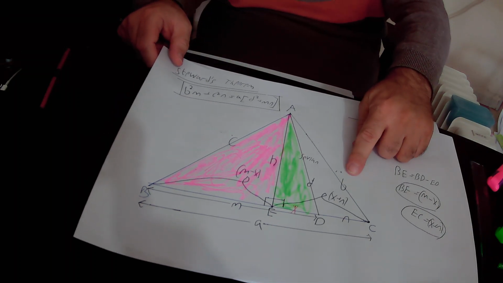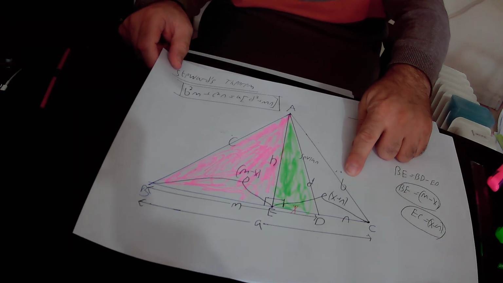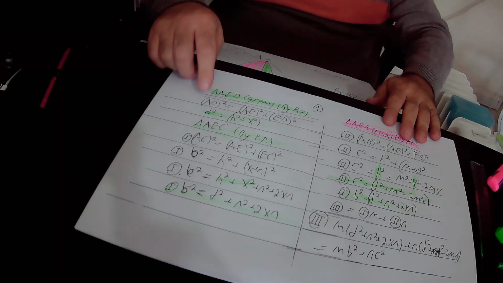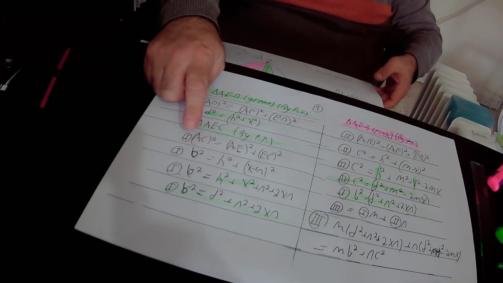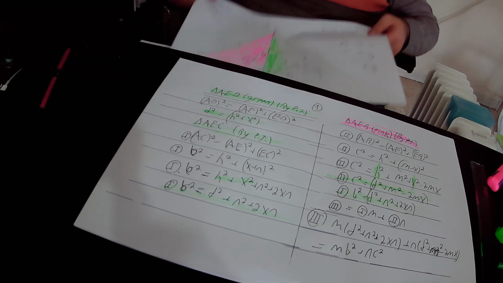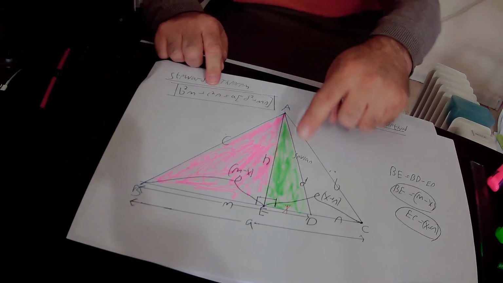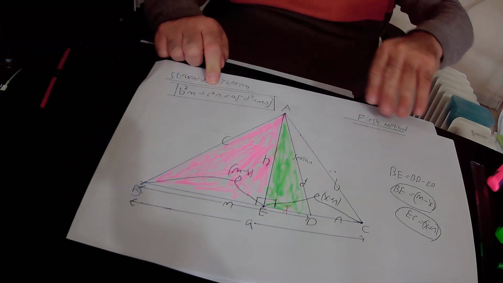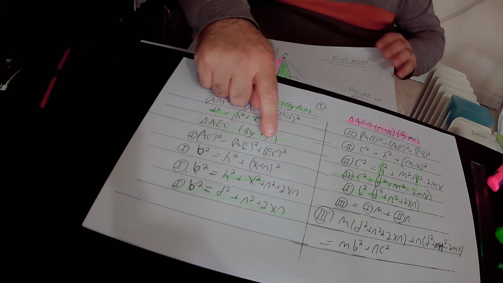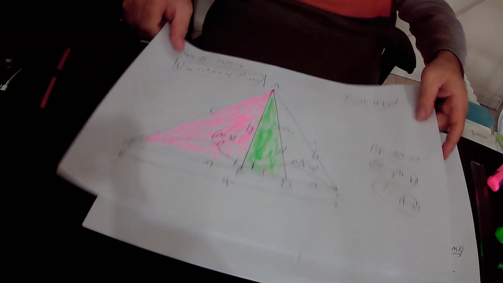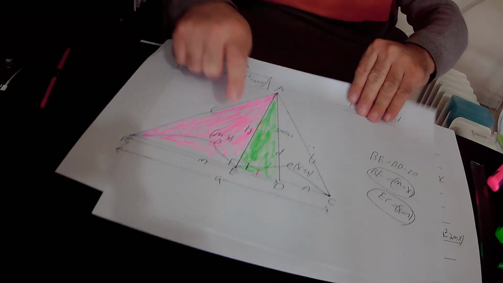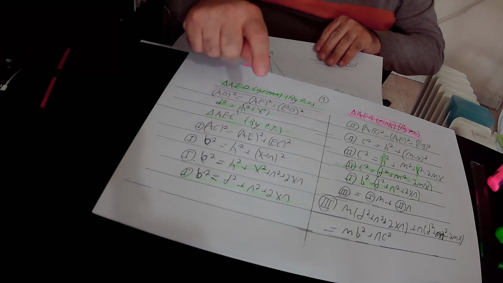AC equals b, therefore AC square is b square. AE is h, therefore AE square is h square. EC equals x plus n, therefore EC square equals (x plus n) square.